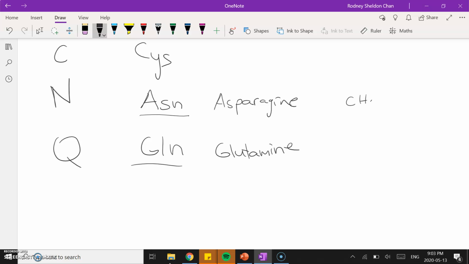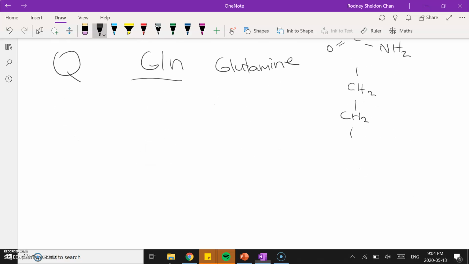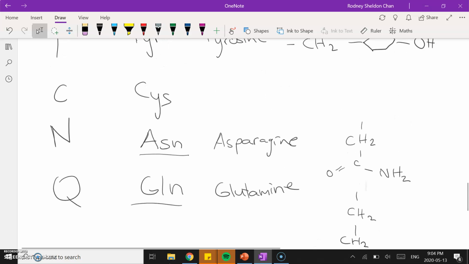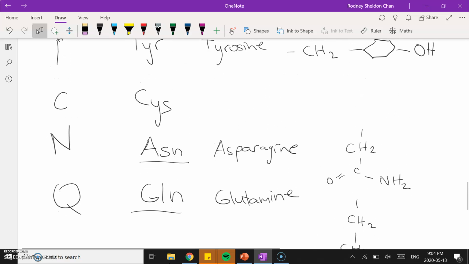So, like this. Then there's another C here. Double bonded O, NH2. Easy. Glutamine. CH2, CH2. It should be recognizable to you that this is the same as aspartate and glutamate.